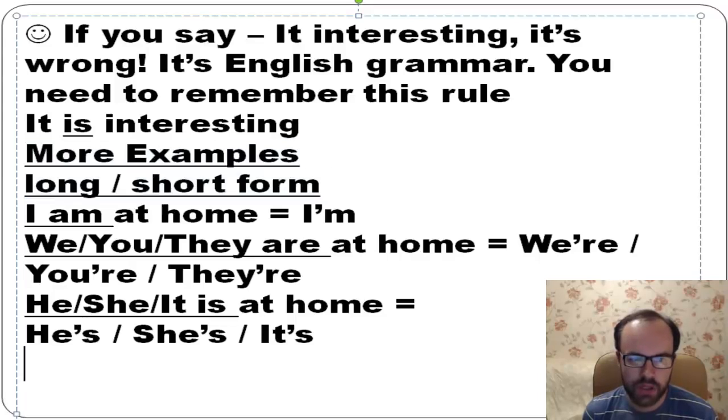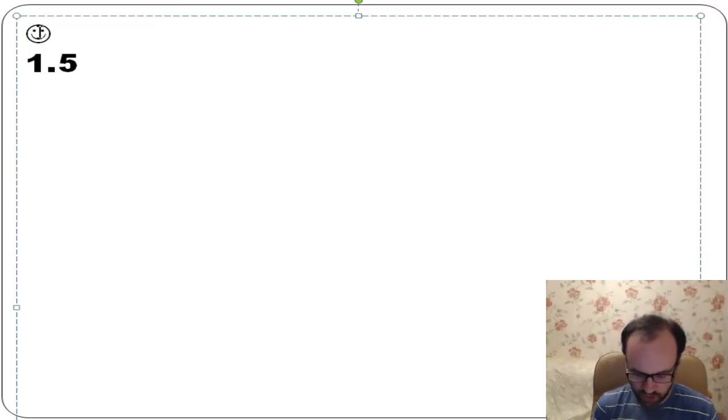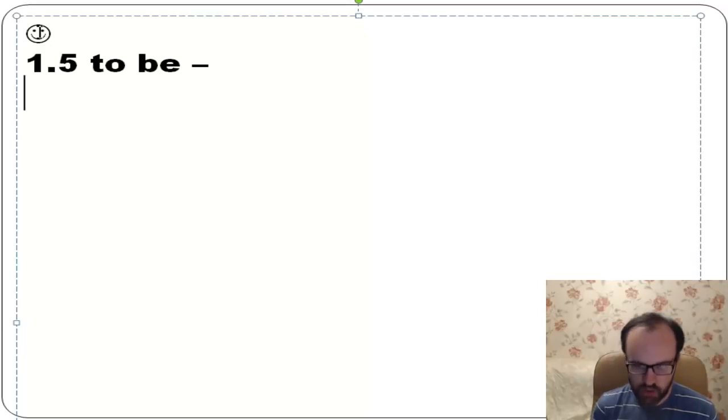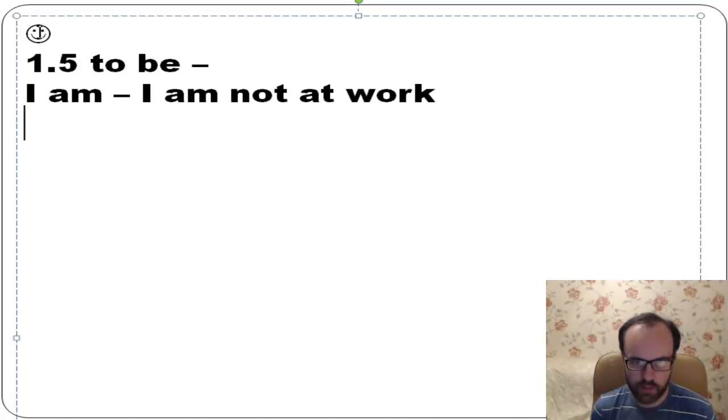Well, what about a negative form of to be? It's easier. For example, I am at work. In the negative we say I am not, I'm not at work.